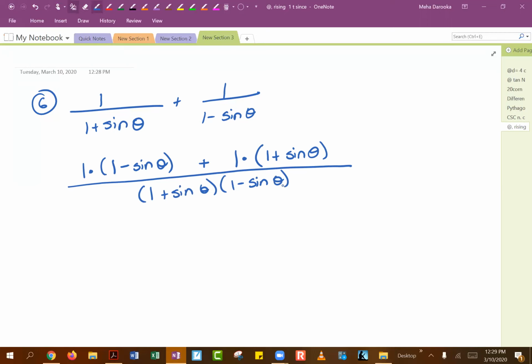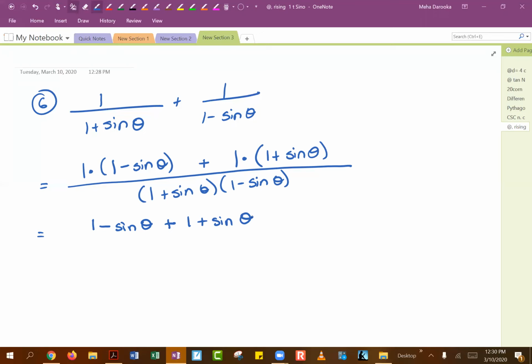Okay, so 1 times anything is going to be the number itself, right? So you will end up with 1 minus sine theta plus 1 plus sine theta. Since you're only multiplying by 1, those values in the parentheses basically stay the same, and then you're just adding the two of them together.